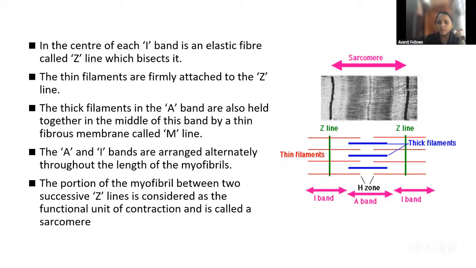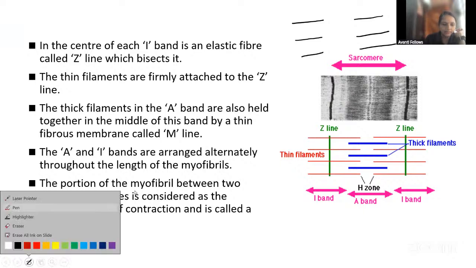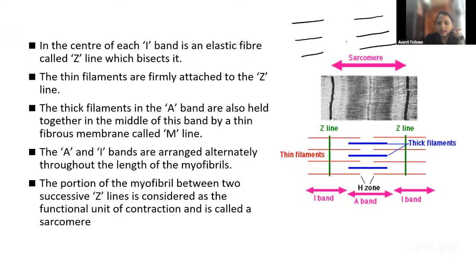Okay. So here you can see, guys. See what I am writing here. This is the actin, which is arranged like this. And here you can see that in between the actin, there is a thick filament. That thick filament is nothing but the A band.